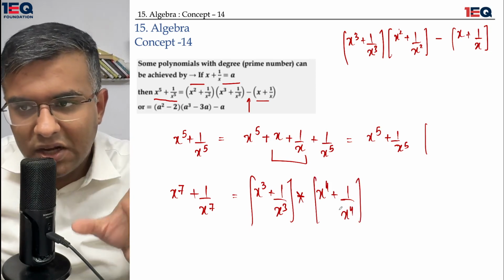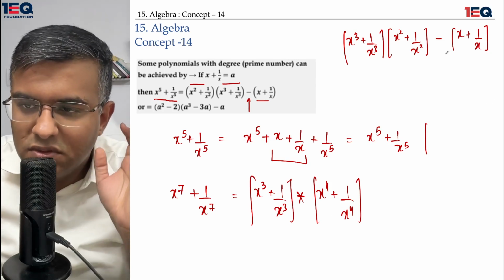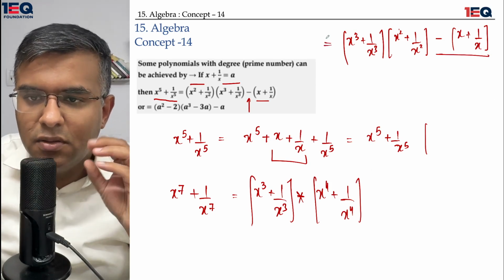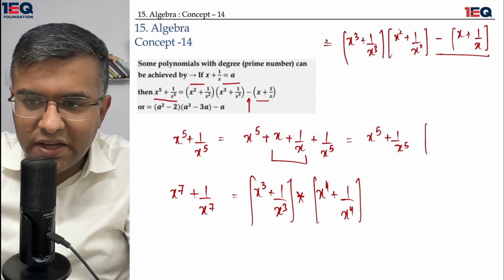So you'll have to multiply the two equations. Whatever byproduct is present, you would have to subtract it away from the main equation line. I hope I've made myself very clear.